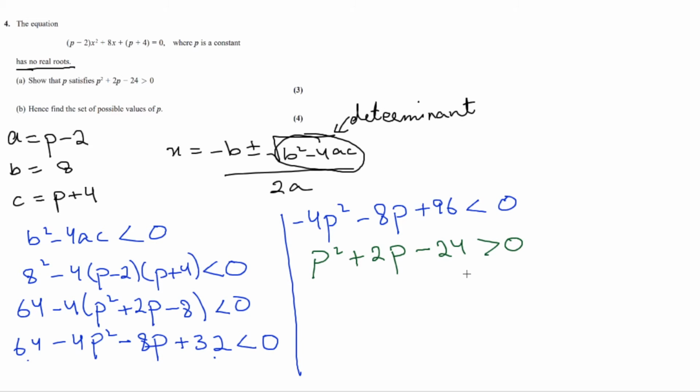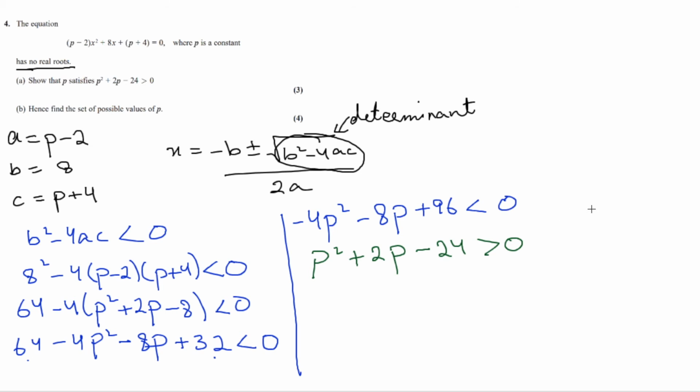I hope it's clear. If you want to do it the other way, you can bring all of this to the other side. Since this is negative 4p squared, we're basically adding 4p squared to both sides. Then we do the same thing with the other terms: we add 8p, so we write 4p squared plus 8p, and subtract 96, so we write negative 96, and we're left with 0 on this side, which is less than 4p squared plus 8p minus 96.